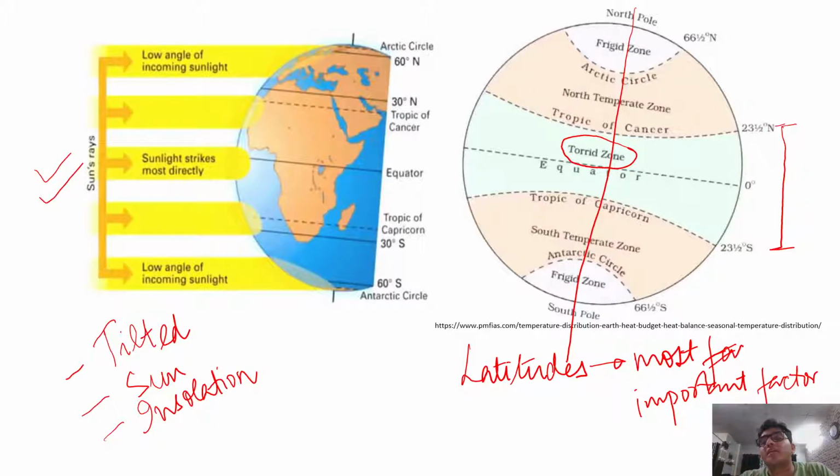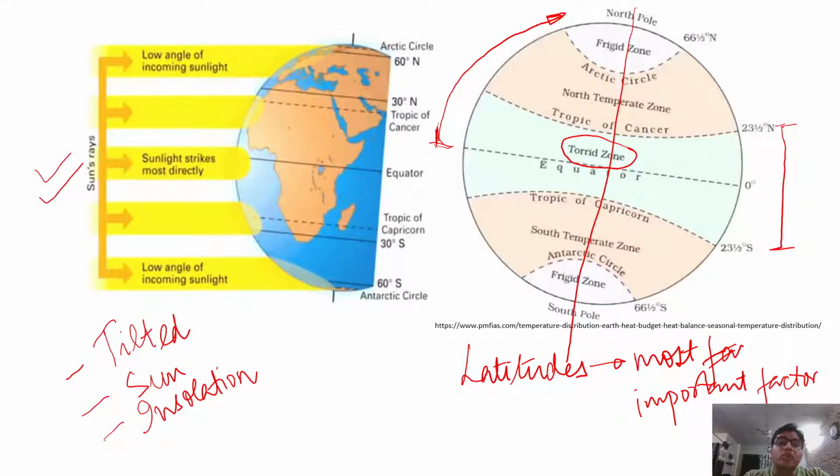So, we all are aware that as we go from equator towards the poles, the heat decreases. And what is the reason for that? This is the reason that according to the latitude, the angle of the sunlight changes, and therefore the amount of heat budget, or the temperature, also varies.